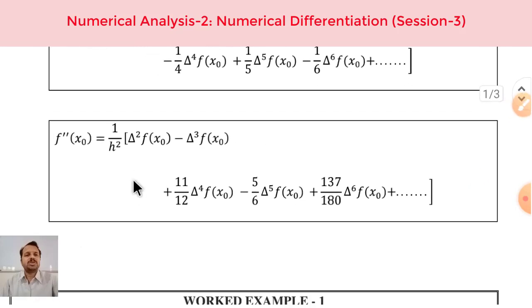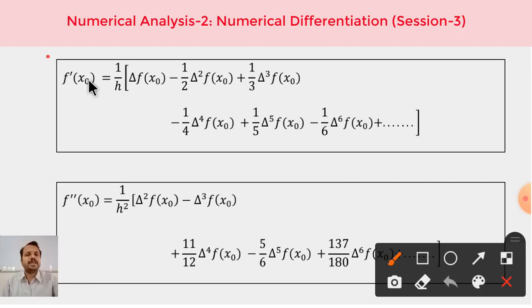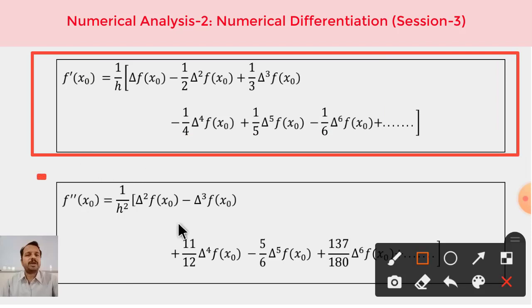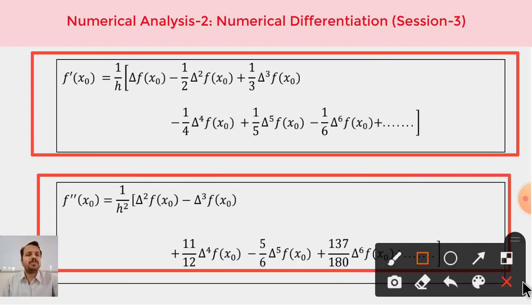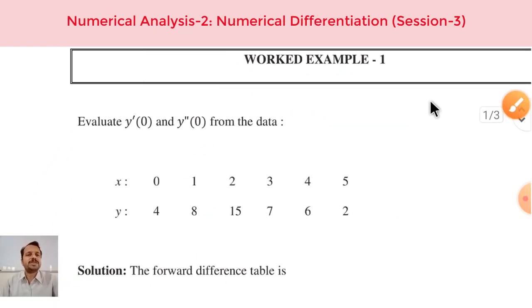So with the background of these two important formulae, formula number 1 and formula number 2, we will now move on to solve the examples. Let us consider the first example.